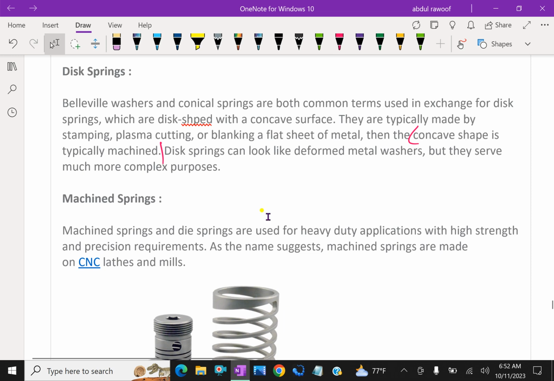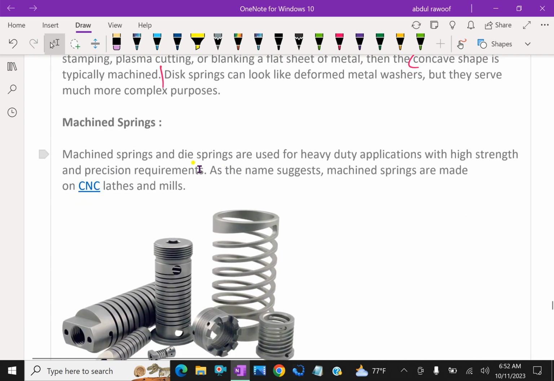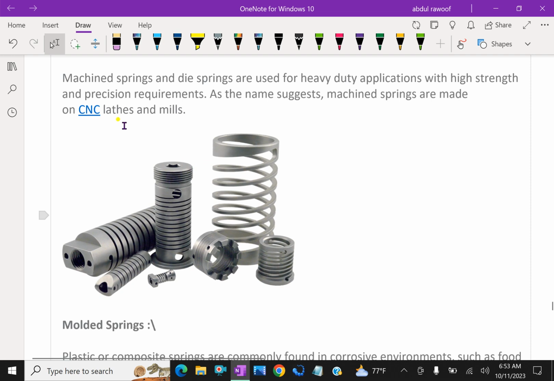Disc springs can look like deformed metal washers, but they serve much more complex purposes. Next are machined springs. Machined springs and die springs are used for heavy duty applications with high strength and precision requirements. As the name suggests, machined springs are made on CNC lathes and mills.